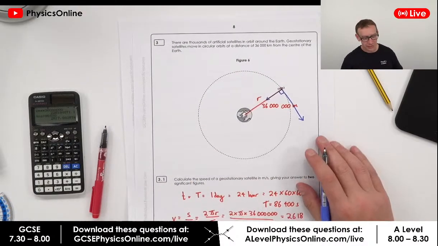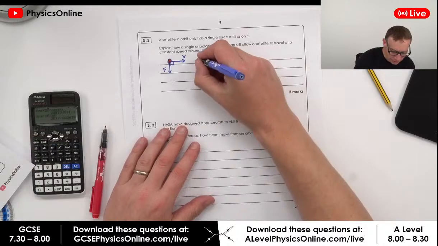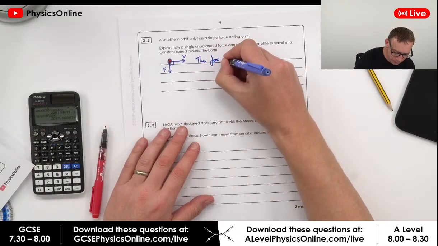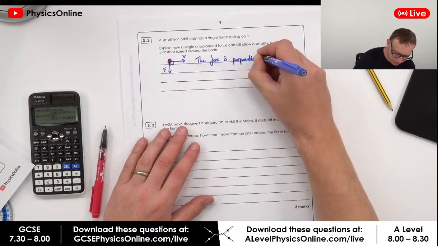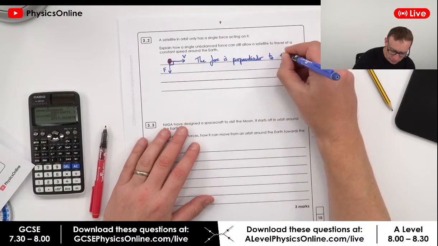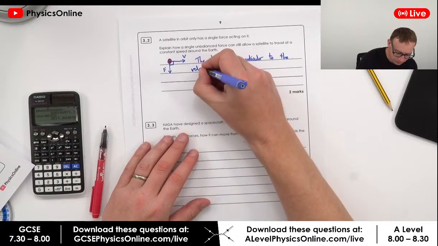And what this means is that the force is at 90 degrees to the motion, and therefore, I'm just going to write that down, the force is perpendicular to the motion, or to the velocity.